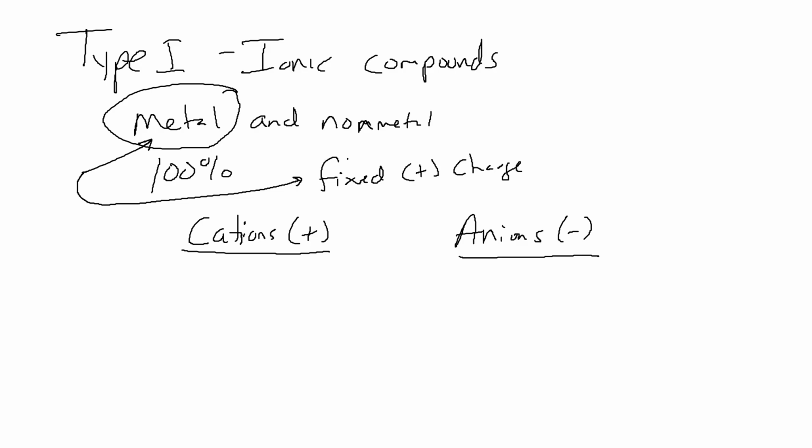So that's what we just saw a second ago on that periodic table. Those are metals from group 1, group 2, group 3, zinc, cadmium, or silver. Those are all considered type 1 metals, with fixed positive charges.